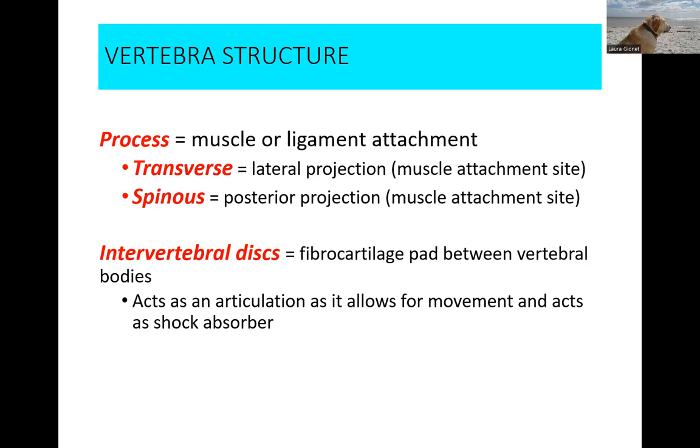We have intervertebral discs. They are composed of the tissue fibrocartilage, and they act as pads between the vertebral bodies of each vertebra in this stack. So they act as an articulation, and it allows for movement and acts as a shock absorber.